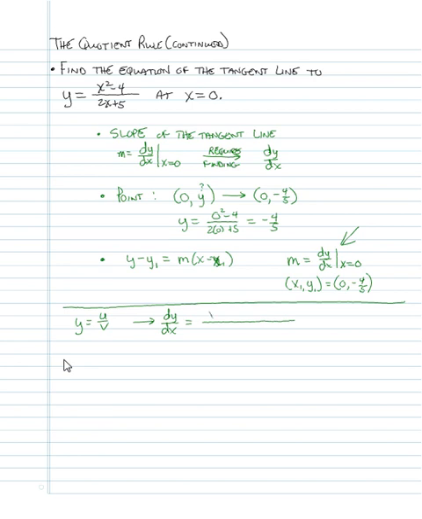It's the denominator v times the derivative of the numerator, so that's u prime, minus the numerator, which is u, times the derivative of the denominator, which is v prime, and all that's divided by the denominator squared. So we can go back and do it one little piece at a time, or we can go through this process as we've been doing, and actually write it out as we go.